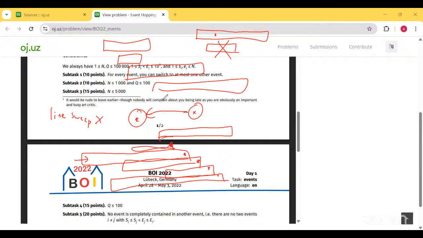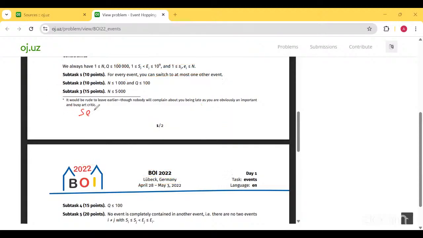So how to use line sweep? So what is inside the set? Can you define the set? What is the value inside the set? And note that the range is not sorted.